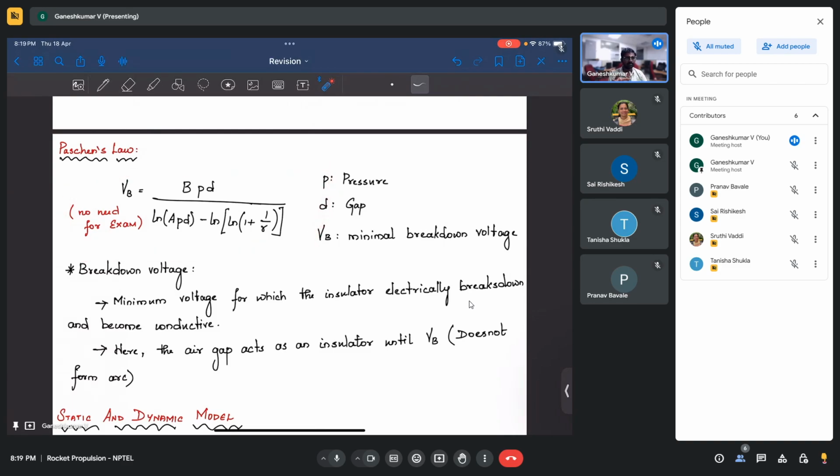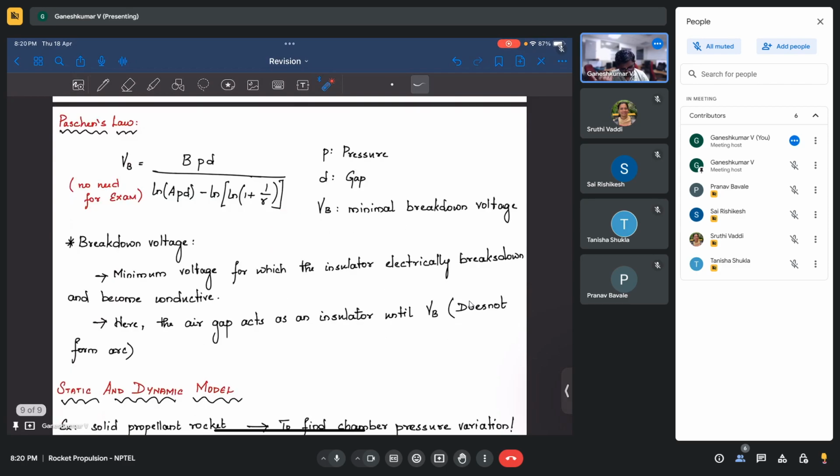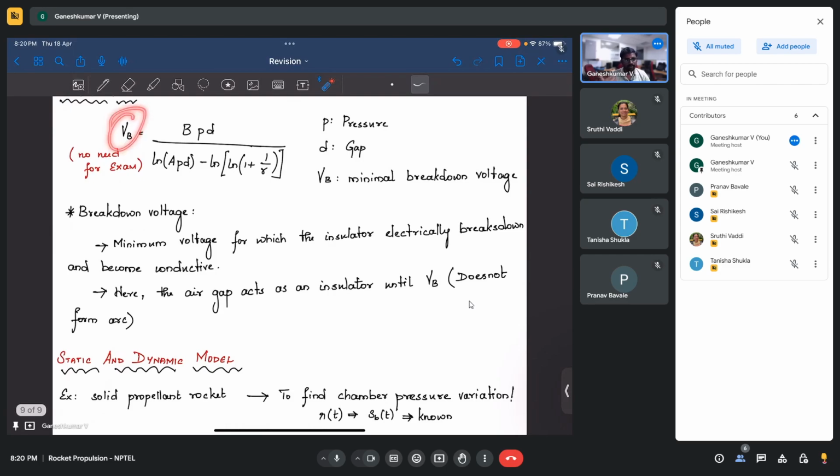From experiments they found it's a function of pressure and the distance between the cathode and anode. In that way they equate it with the breakdown, because the gap and the pressure are what we are able to manipulate. That is how Paschen's law comes into the picture, and that is how they get the breakdown voltage.